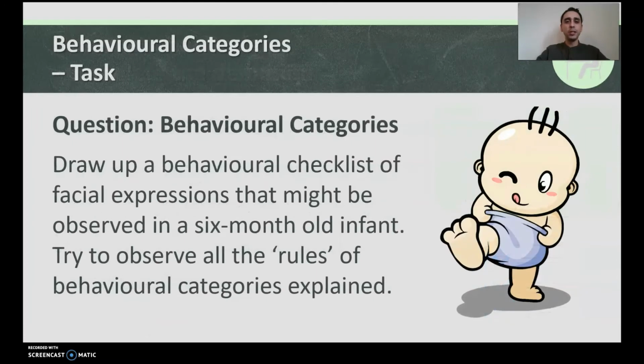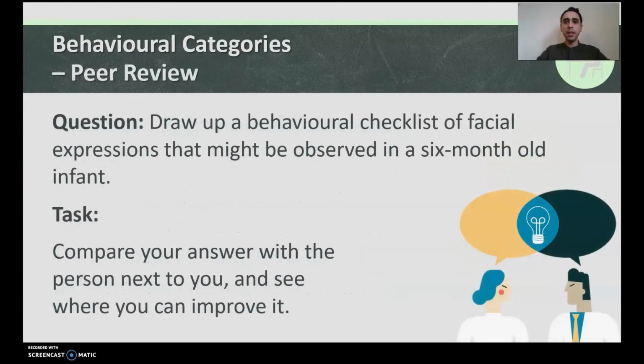Here we go, I've got a question for you. Behavioral categories. Draw up a behavioral checklist or categories of facial expressions that might be observed in a 6-month-old infant. So all of the different facial expressions. Try to observe all of the rules of behavioral categories explained.